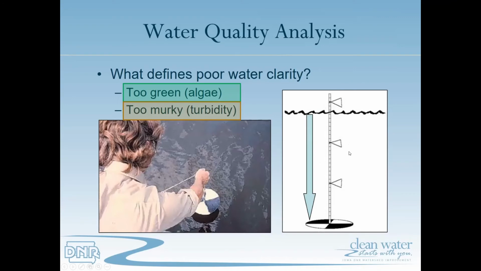The farther down that Secchi disc goes, the clearer the water that you can see it. If it's up here and you can't see it anymore, then that distance is called the Secchi depth, and we'll measure that and we'll compare it to other depths throughout the year and throughout the assessment period to determine if the water quality expectations are not being met and if it's getting worse or getting better or what have you.